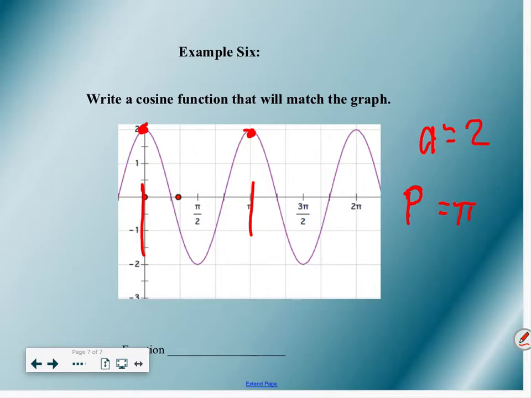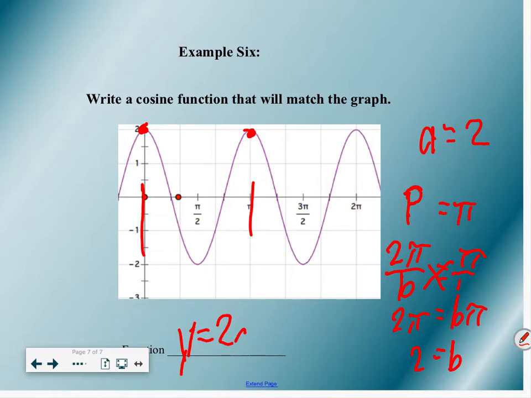Set up my equation and cross multiply. 2 pi over B equals pi. Pi is the same as pi over 1, just like 5 is the same as 5 over 1. So cross multiply: 2 pi equals B pi. How much is B? 2. So I have y equals 2 cos 2 theta.